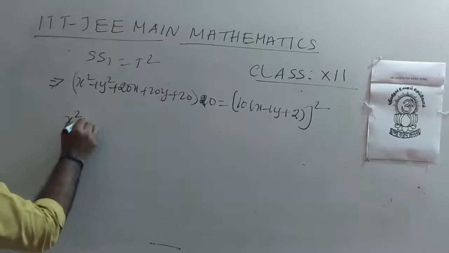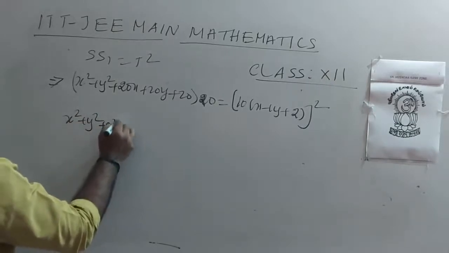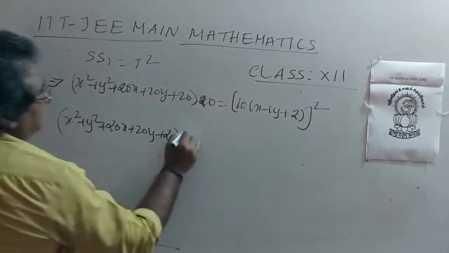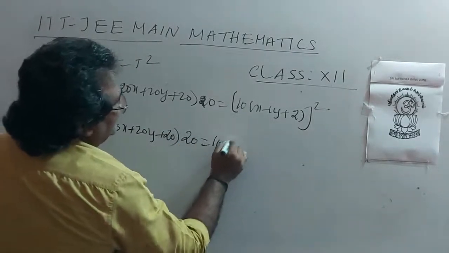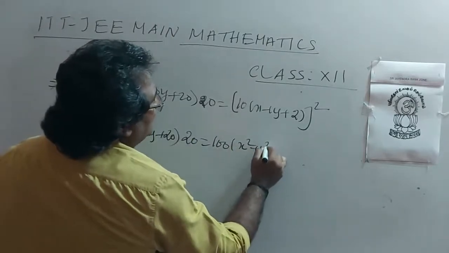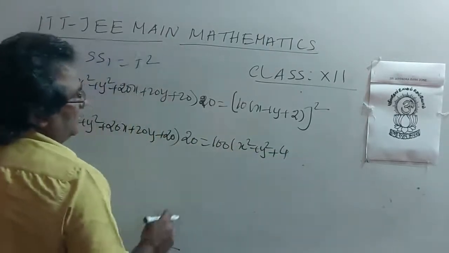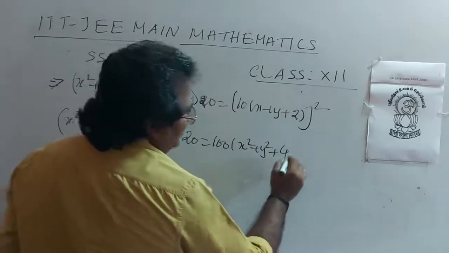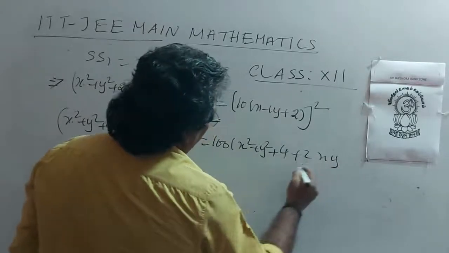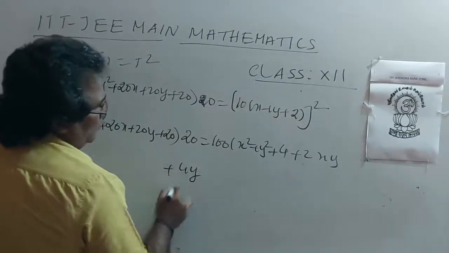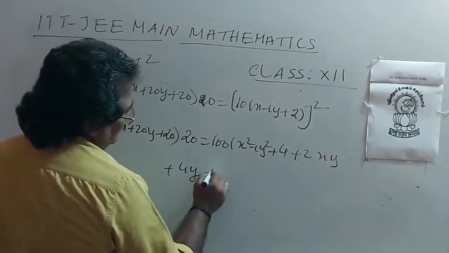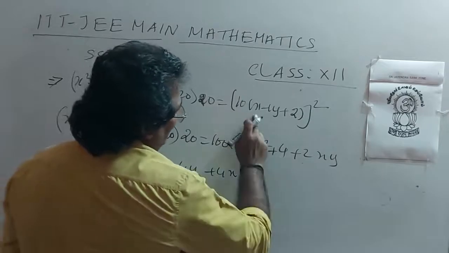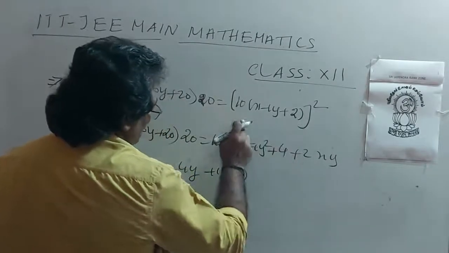So (x squared plus y squared plus 20x plus 20y plus 20) into 20 equals 100 into (x squared plus y squared plus 4 plus 2xy plus 4y plus 4x), using (a plus b plus c) whole squared equals a squared plus b squared plus c squared plus 2ab plus 2bc plus 2ca.